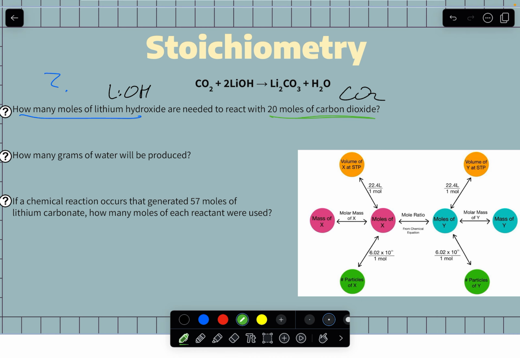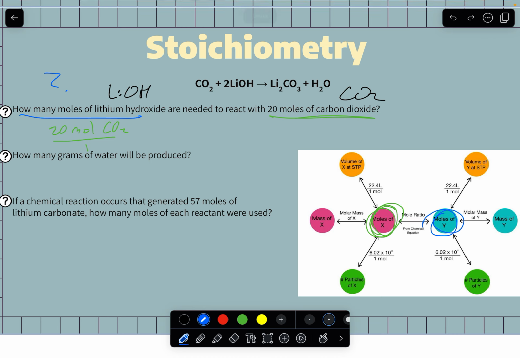So we're going to start with your given, your 20 moles of CO2. You can put this over 1. You don't have to do the over 1 part if you don't want to, but it helps some people. And to get to moles of lithium hydroxide, if we are starting here with moles of X, we're trying to get to moles of Y, so we're going to use a mole ratio.